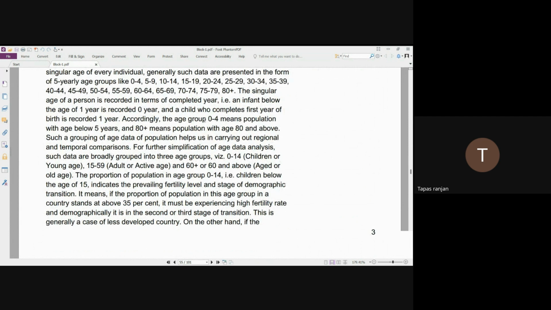Then the average population age is basically which section of that age composition is contributing highest to the total population. Let's suppose it is 37. A lot of people are of the age of 37.